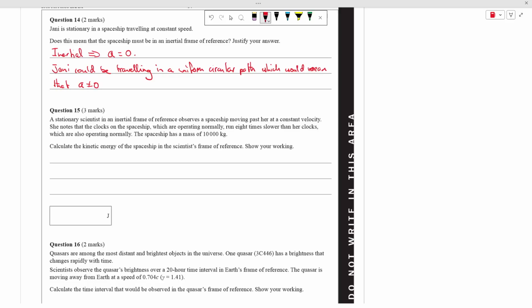So constant speed does not imply inertial reference frame.